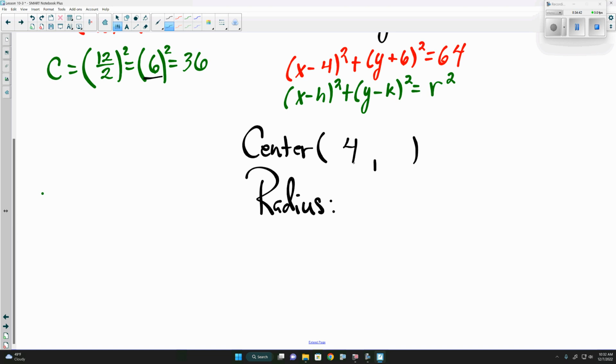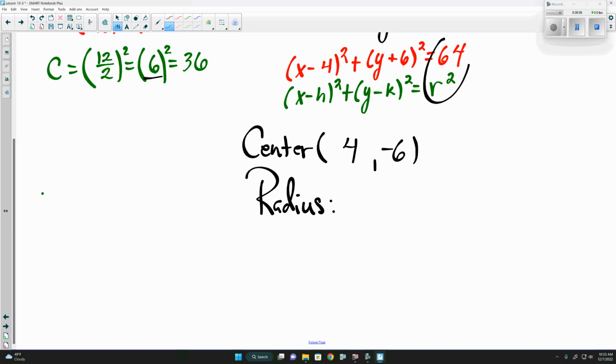When we look at y's, the y's do match up inside the parentheses. But in the formula we have a minus instead of a plus. So it would be negative 6. Yes, we flip the signs on it. So since we had minus 4, the center is positive 4. In the equation it was plus 6, so it's going to be minus 6.